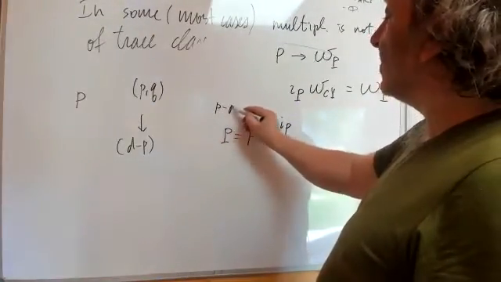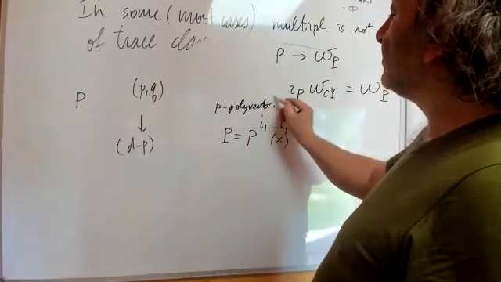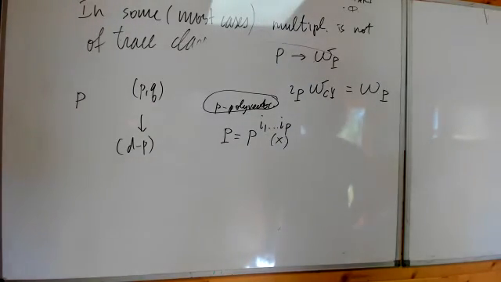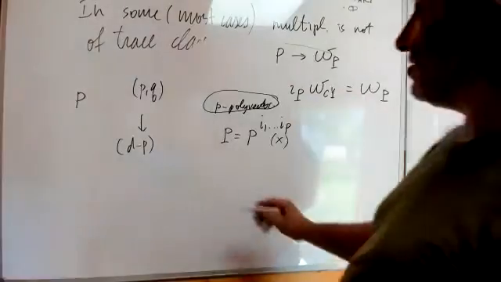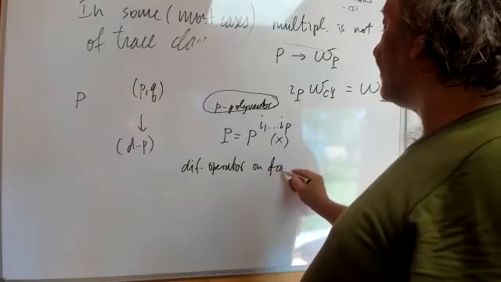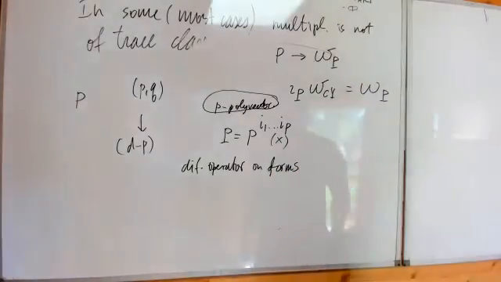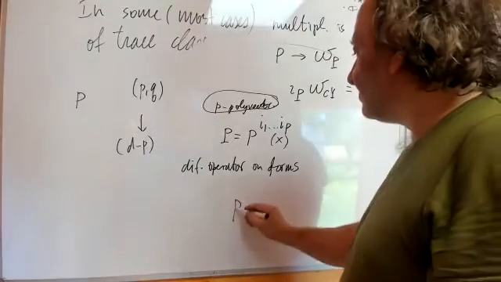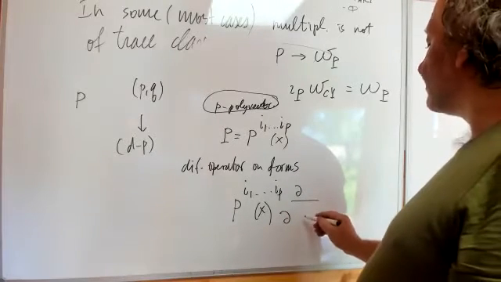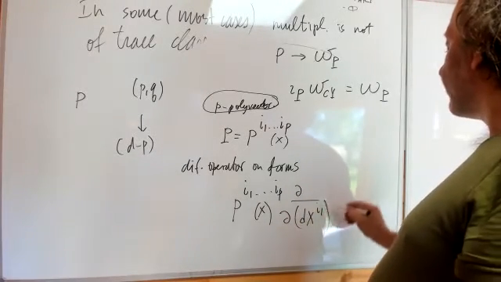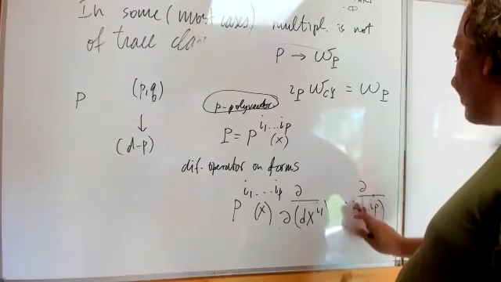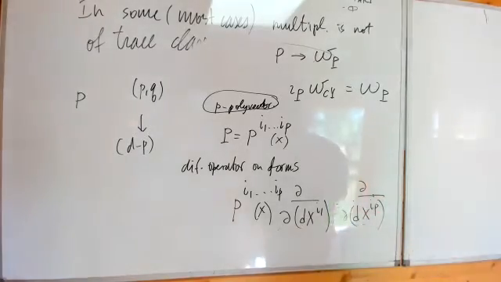So when I have P polyvector, I can form a differential operation on forms in a kind of non-usual way. So what do I mean by this?